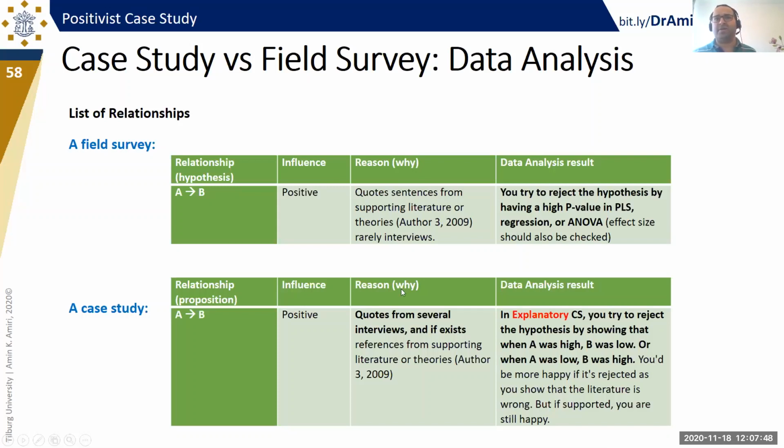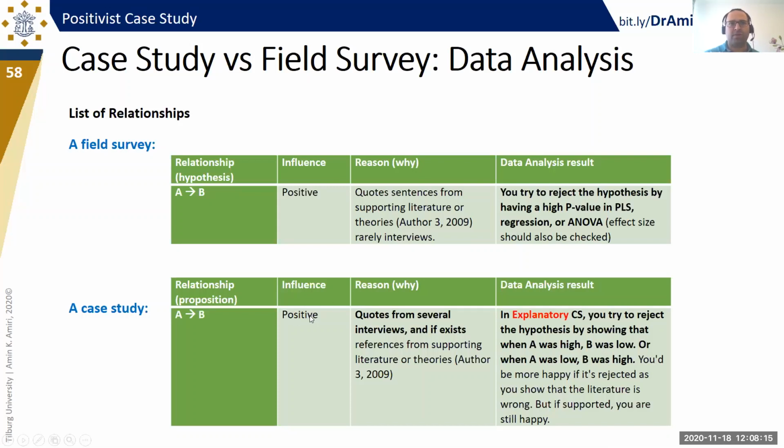But in a case study, sometimes you have some quotes from the interviews to support a relationship, but your goal is to reject the hypothesis by simply finding that when A was high, B was low. And 1 or 2 cases is enough to just say that, oh, this relationship is disconfirmed. Or when A was low, B was high.